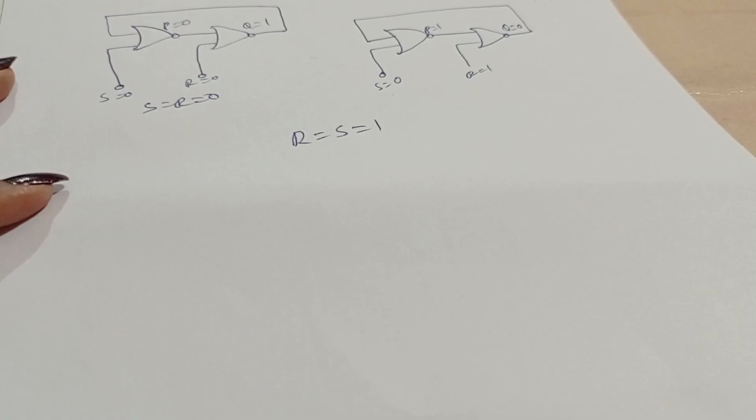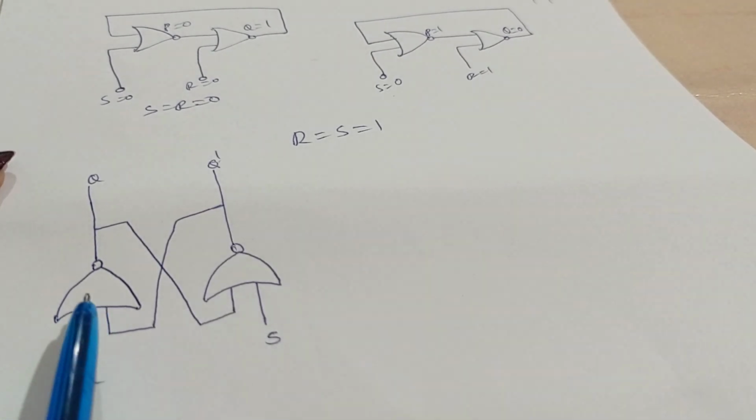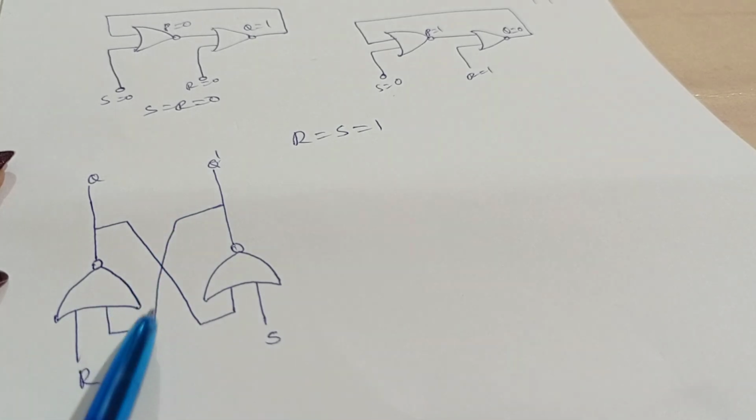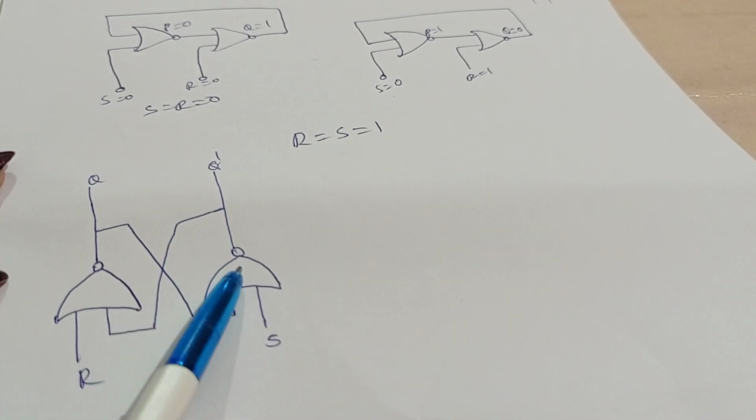To emphasize the symmetry between the operations of the two gates, the circuit is often drawn in cross-coupled form. This is the design: two NOR gates, reset and set, and the input for one NOR gate is given from the output of the other NOR gate.